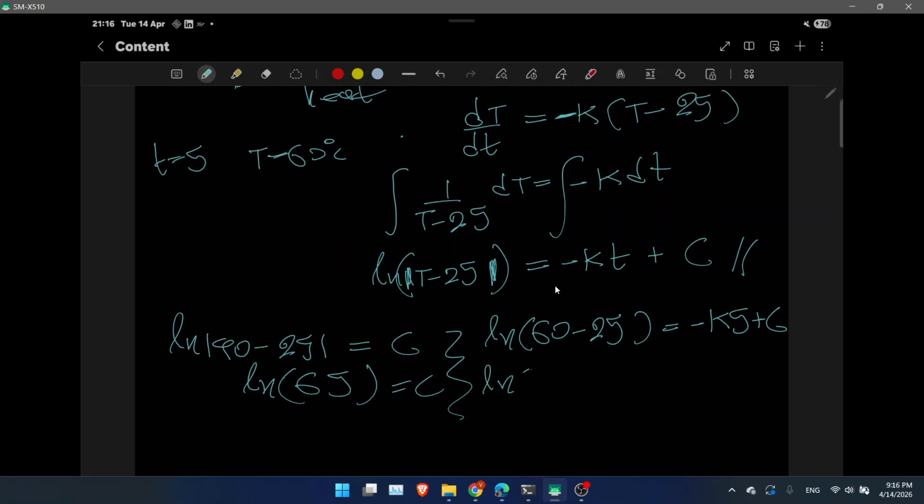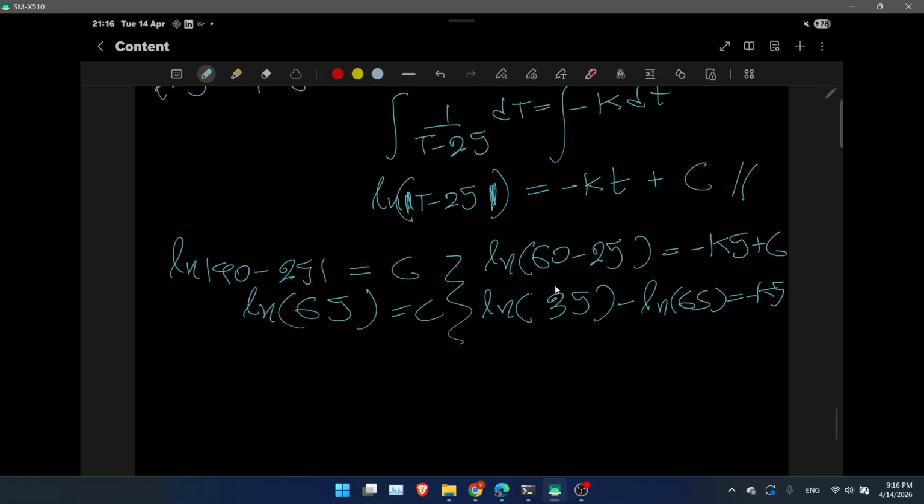So ln 35 minus ln 65 is equal to minus k times 5. It is really easy when it comes to subtraction of logarithms. You can just write this as ln of 35 over 65.